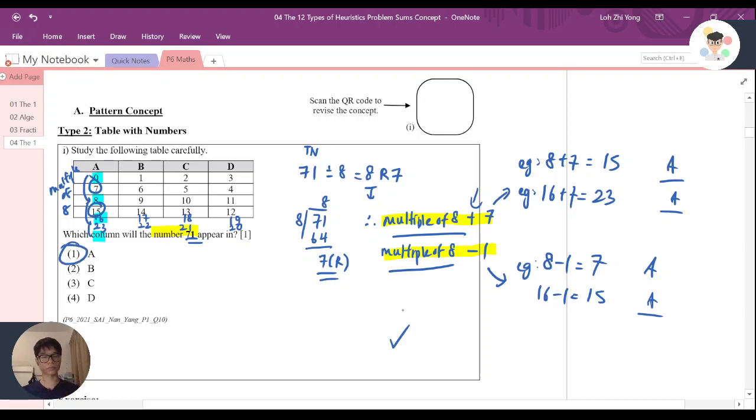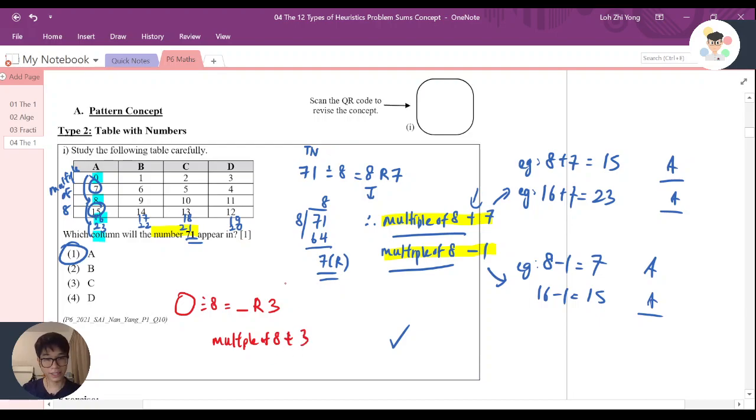Let me give you another example. Honestly, usually when we do table with numbers, the concept is always dividing by 8. But for example, if a number divided by 8 has a remainder of 3, basically you know that it is a multiple of 8 plus 3.